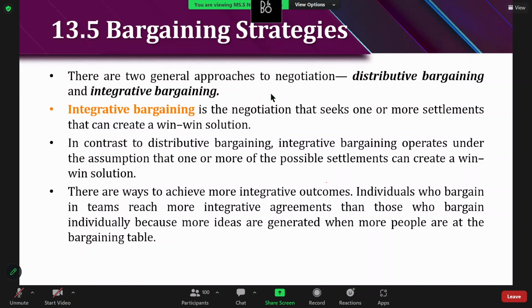Integrative bargaining is more possible where the negotiation takes place as a group or team, because everyone will be giving their solutions or different alternative settlements, and that will lead to the win-win situation. If it is individual negotiation, only one person would be there and only one settlement would be proposed by that person.